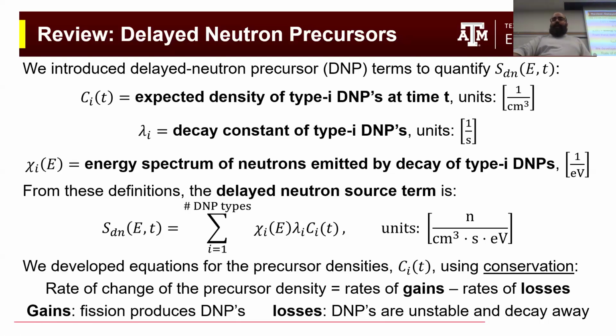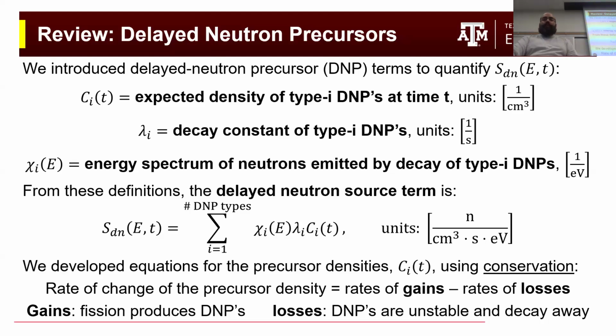And then we said, okay, now we're still kind of stuck because this precursor density, C_i, is another unknown. So we need an equation for those precursor densities, and we use conservation for that. These precursors are another substance that I could track in my reactor. I could track them by saying the rate of change of those precursors equals the ways that they're gained minus the ways that they're lost.